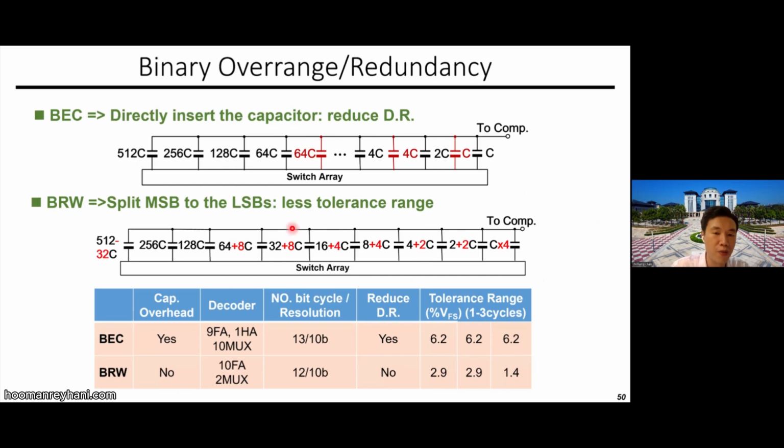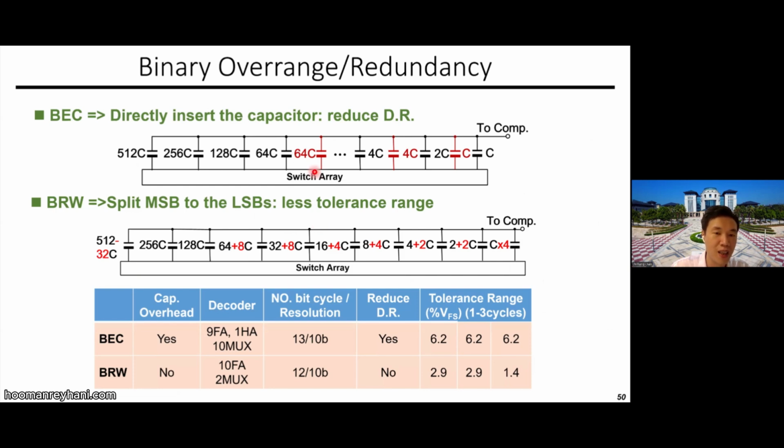Well, the other method is adding an overrange. The mechanism I'm not going to detail here because we will visit this later on in the following two lectures. But let's see, there are two common ways of adding redundancy in the SAR ADC.